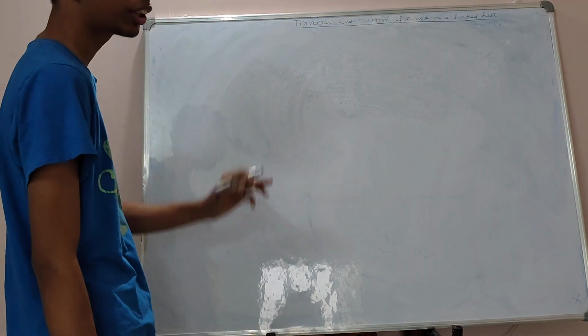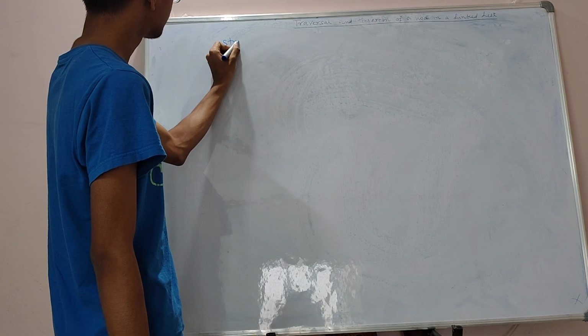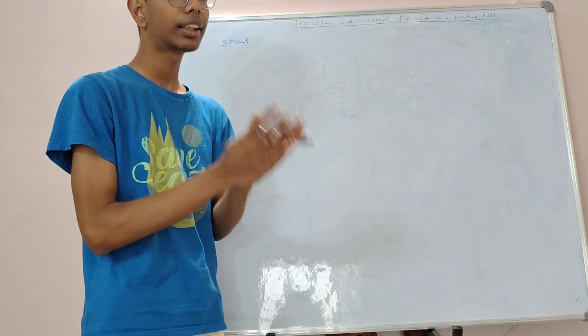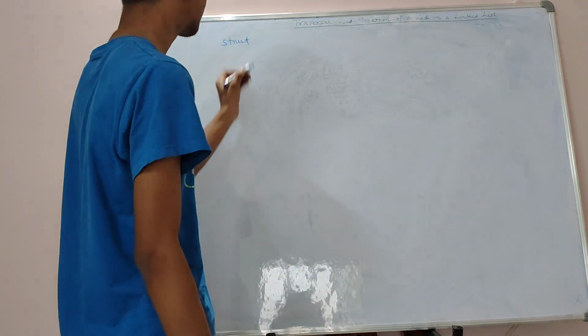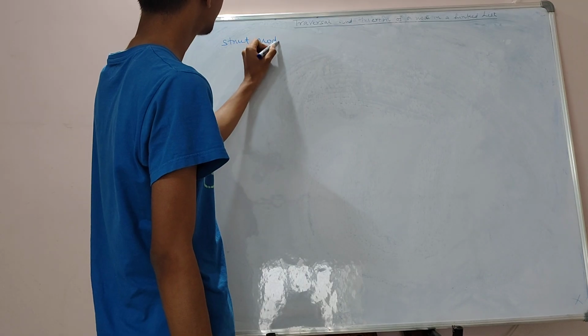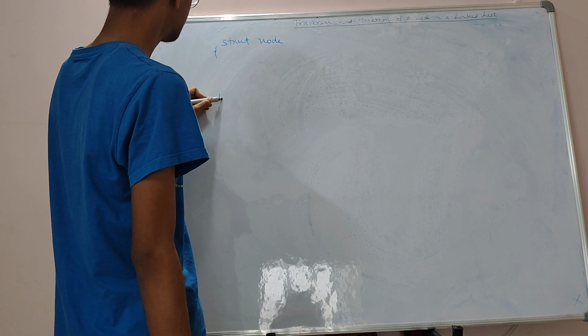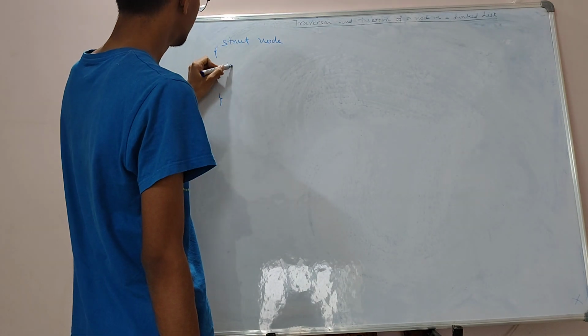So first of all, what we will do, we will create a data type for our node so that we can create a linked list, right? So for that I am creating a data type, struct node, in which there will be two parts, right?